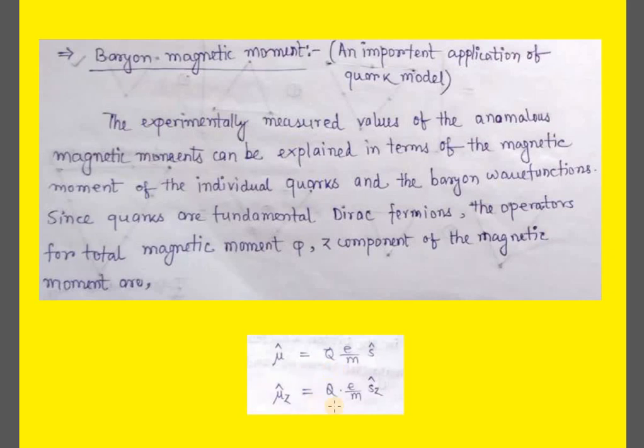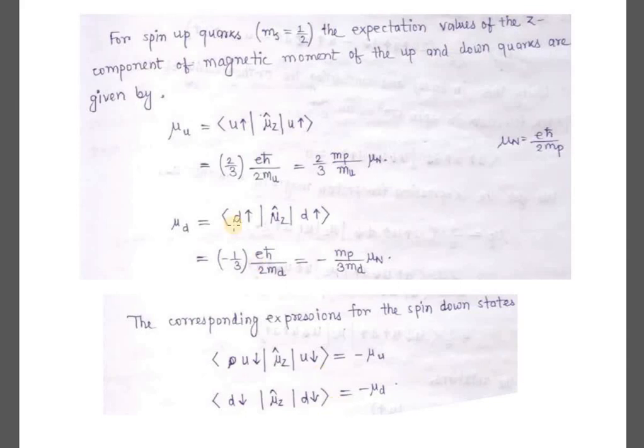And with this, let us see what we can do. So for the spin of quarks, the expectation value of the Z component of the magnetic moment for the up and down quarks can be written as this, you see, and this is the expression.